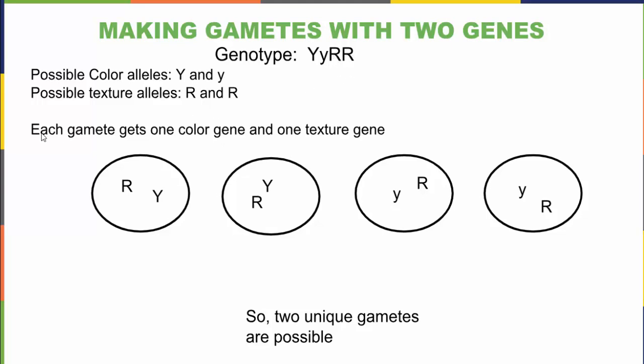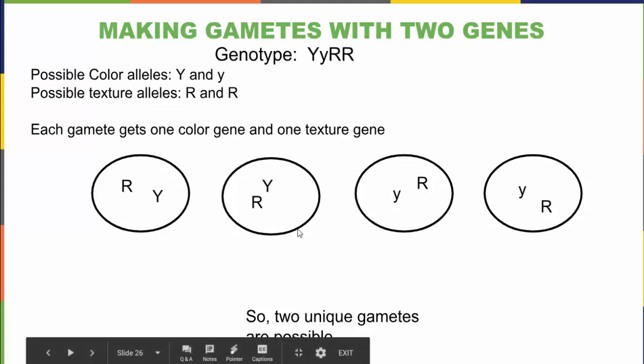So far, we have only done single genes, which means that each gamete we make always has just 1 letter in it. But because these are 2 different genes, we need a recipe for each. A pea has to have a color and a texture. So we need to have a recipe for color and texture inside each gamete. If you're looking at 2 different genes, make sure that you put 1 copy of each of them into the gametes that you're making.